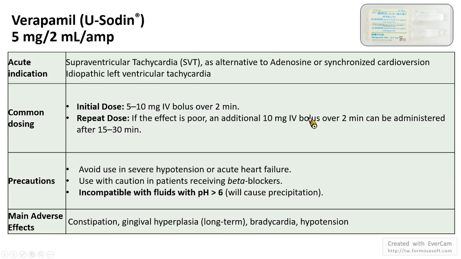Verapamil is incompatible with a high pH fluid, above pH 6, and it may cause precipitation. As for side effects, including constipation, and gingival hyperplasia with long-term use, but it's less likely to happen. Mainly it is bradycardia, and sometimes hypotension.